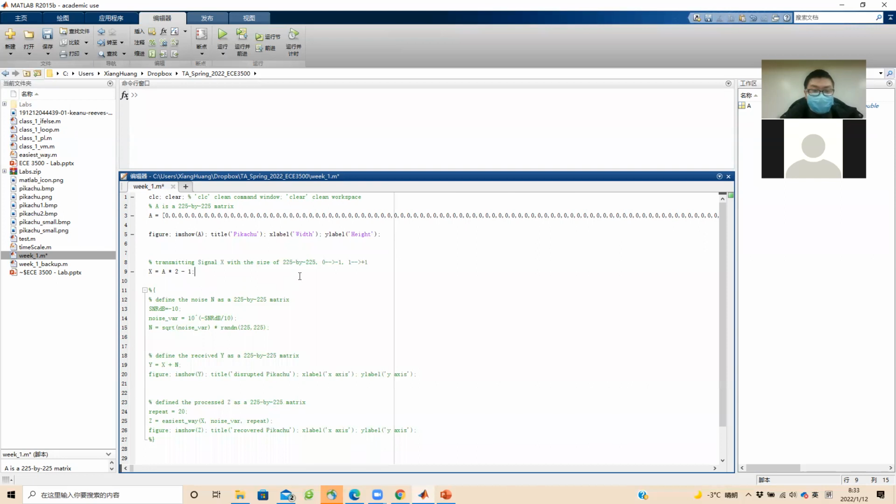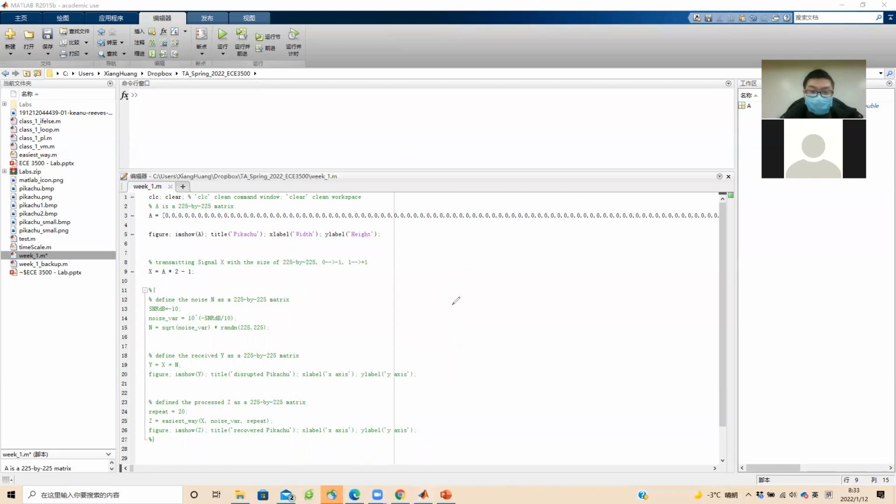In the channel, this is X, and this is the received signal Y.